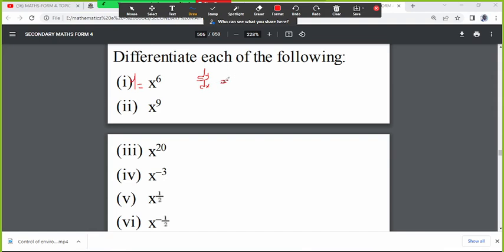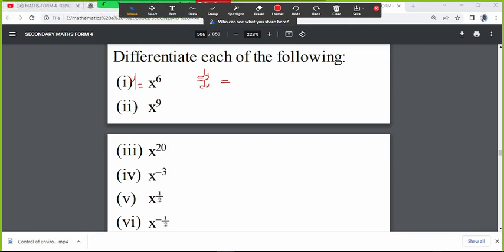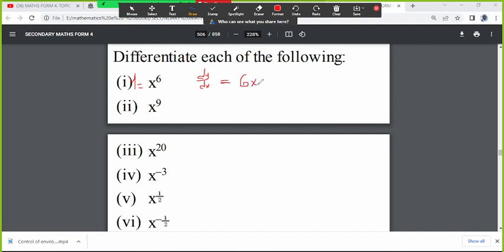Maximilian? 6x to the power 5. 6x to the power 5, good. This one will be, Sarah? 9x to the power 8.